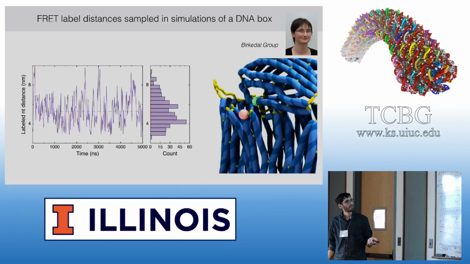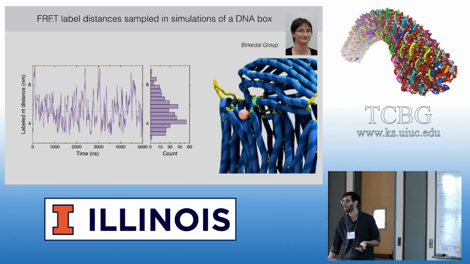So I think the moral of this story is that a tool like this can be useful if you're thinking about tagging your structure with red dyes. It's a good idea. You might as well run a quick simulation and check if those labeling sites are good, because it's almost free.